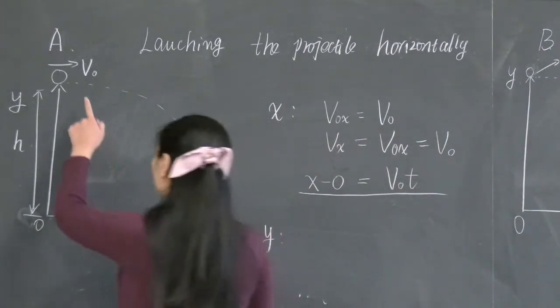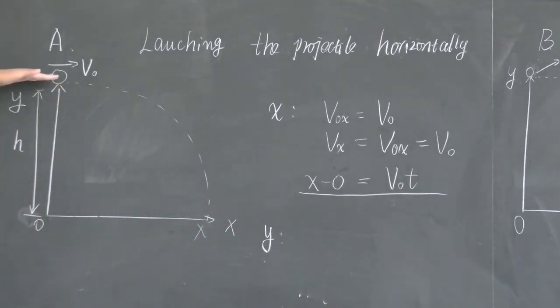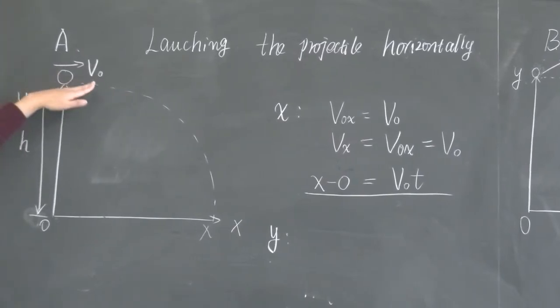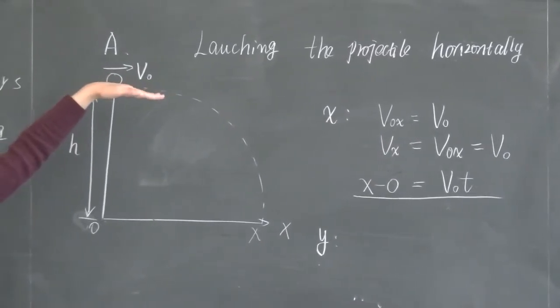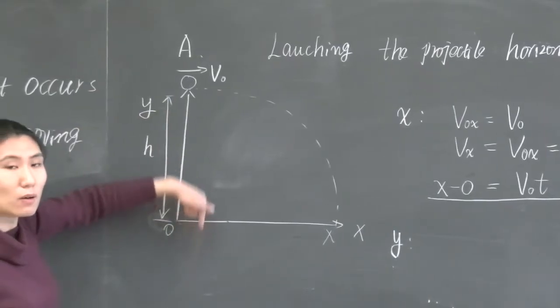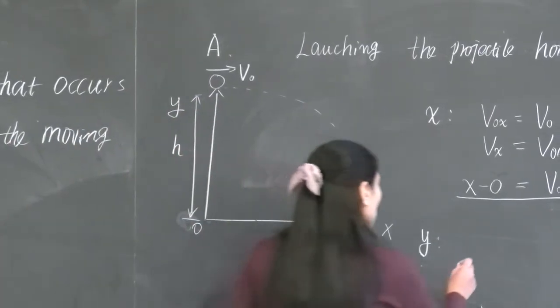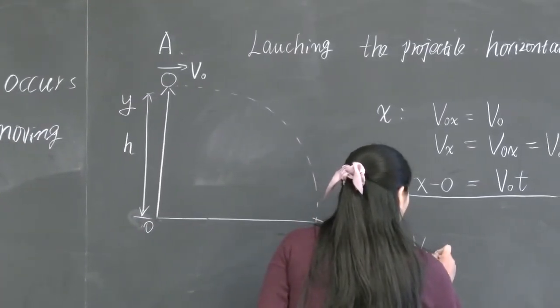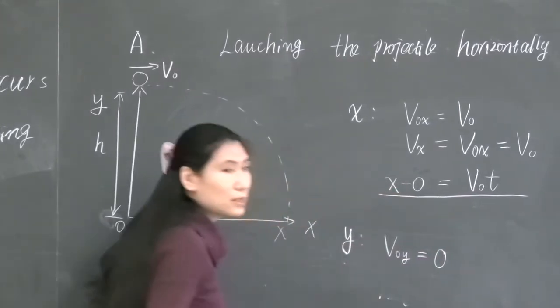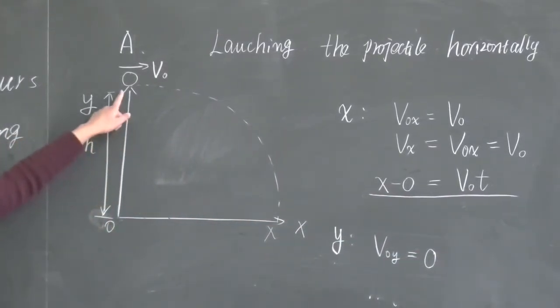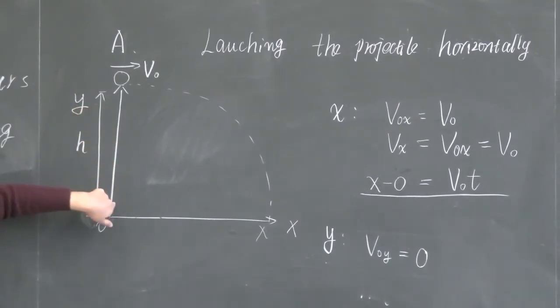Now let's see along the y direction. Along the y direction, initially we are only shooting the ball with initial velocity v naught along the x direction. So initially in the y direction, the initial velocity v naught y is equal to 0. And with time change, how does the velocity change along the y direction?